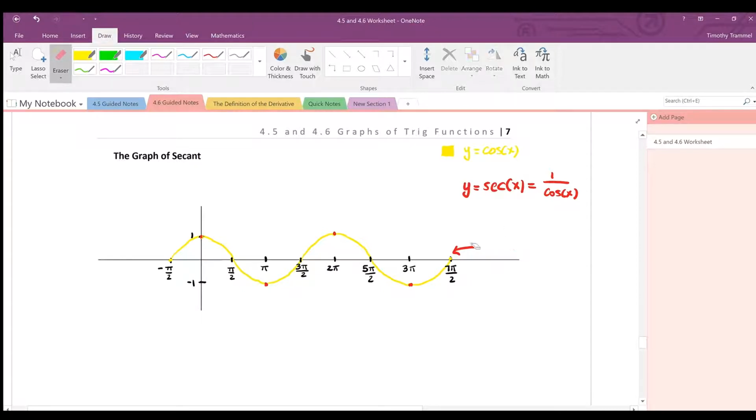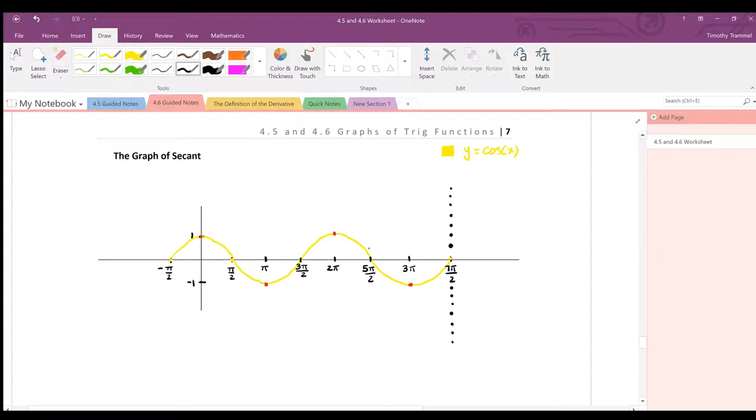And you can do the same little experiment that we did with tangent, and what you'll find is that at this point, 7 pi over 2 that we're looking at, we're going to have a vertical asymptote. And in fact, all those locations where the y value is 0 for cosine, those are all going to be vertical asymptotes for secant.